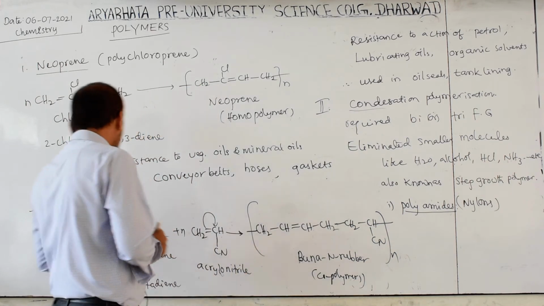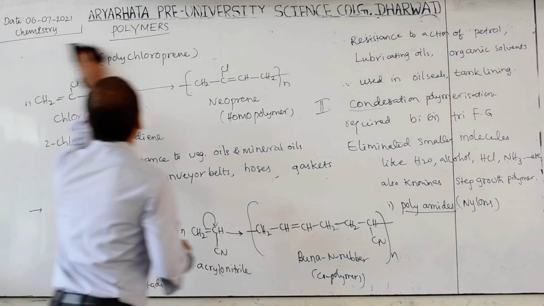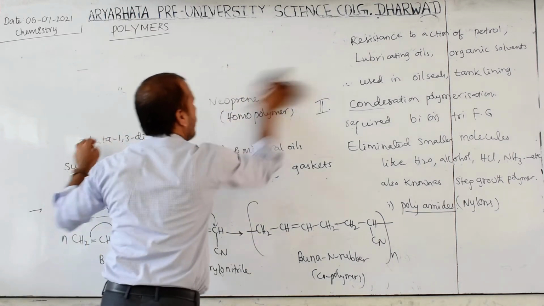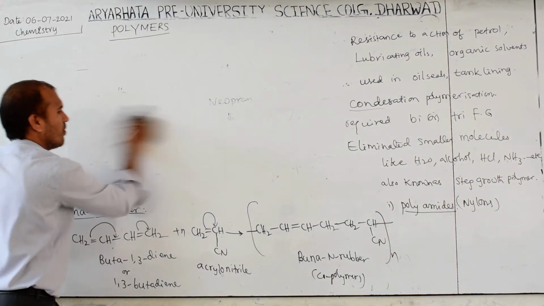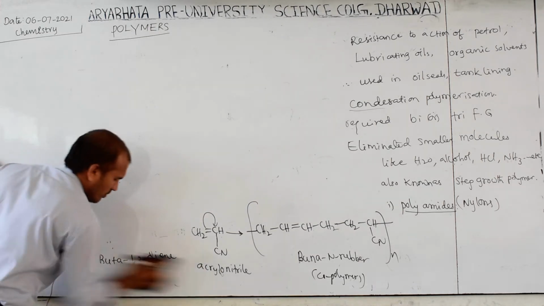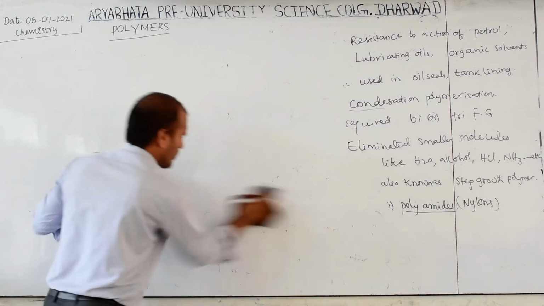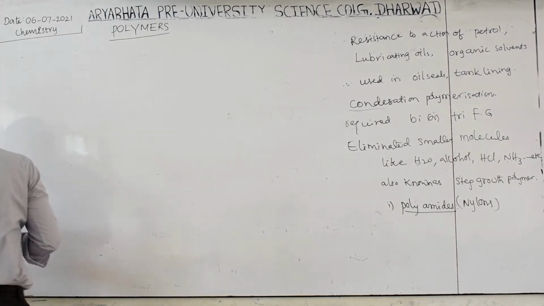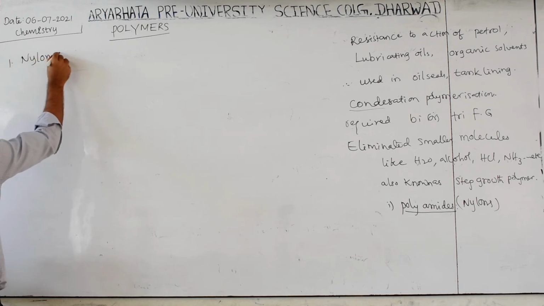In that nylon, the first one is what do you call? Nylon 6,6. First example is nylon 6,6.